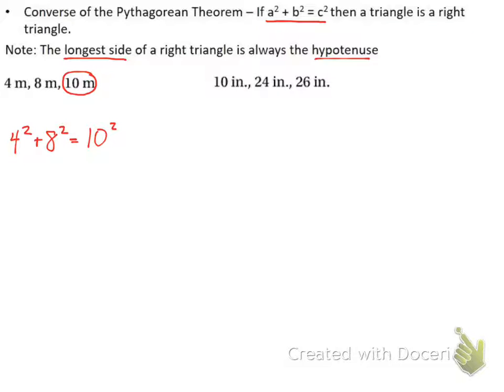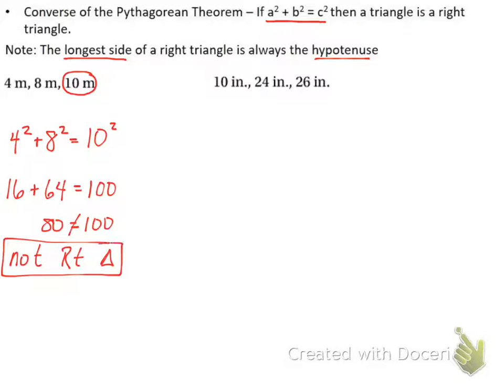And so we know that if both sides are the same number, if they're equal to each other, then it's a right triangle. So I've got 16 plus 64 is equal to 100. So this is 80 is equal to 100. It's obviously not true, and so this is not a right triangle. With the second one, same thing.